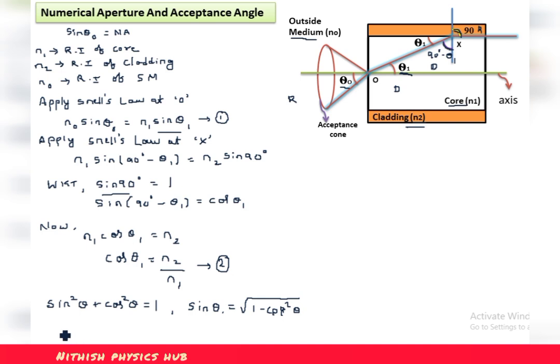Then the equation becomes sine theta naught is equal to n1 divided by n0, and the sine theta 1 value is replaced by the square root of 1 minus cos square theta 1.